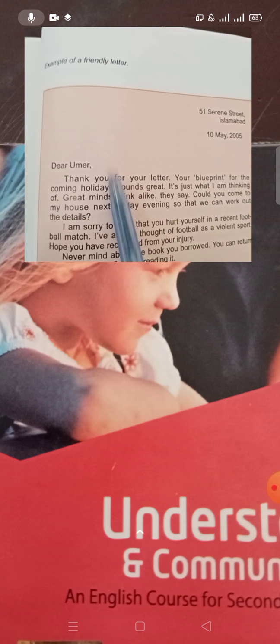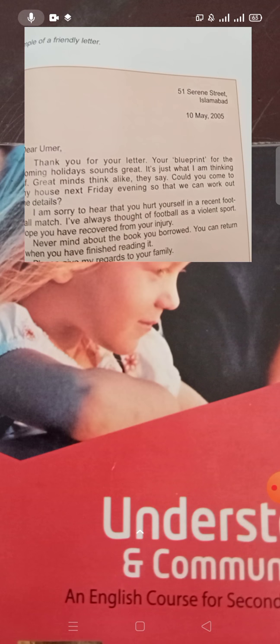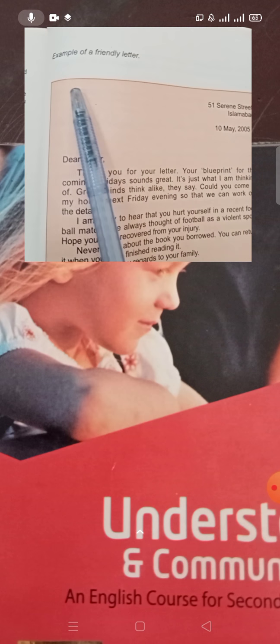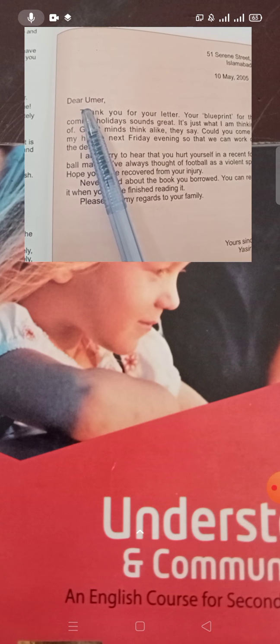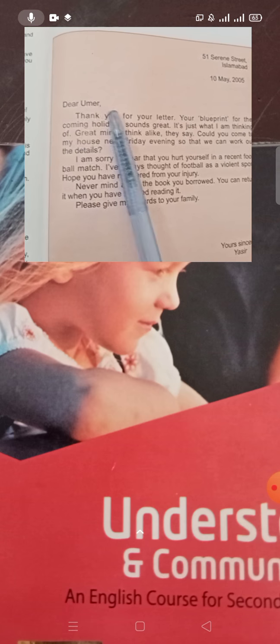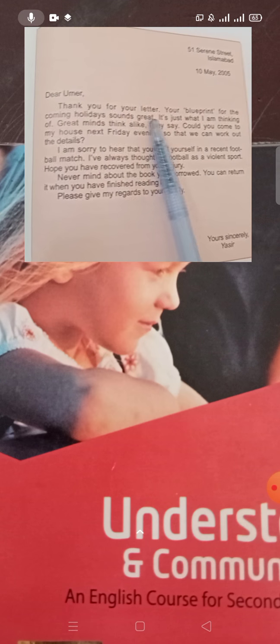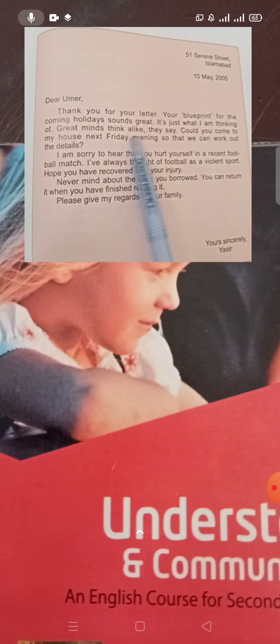Dear students, this is just an example in your book, page number 267. This is an example of a friendly letter. See the address and date, then the salutation, Dear Umar, then the introduction, then the purpose.